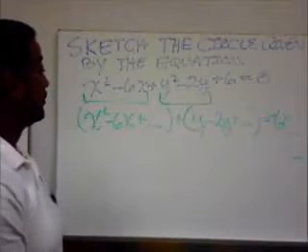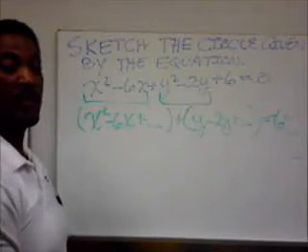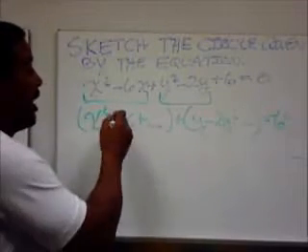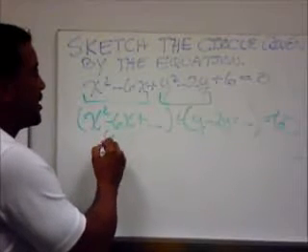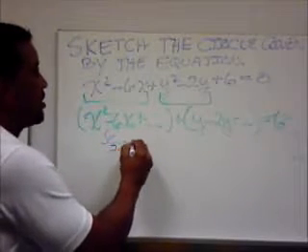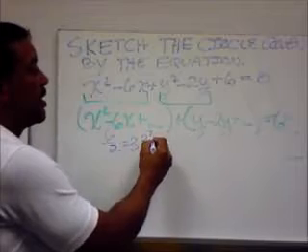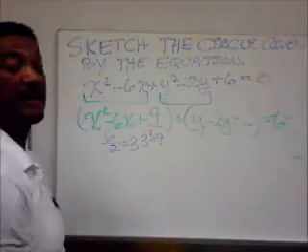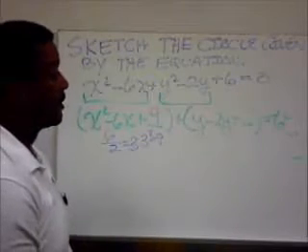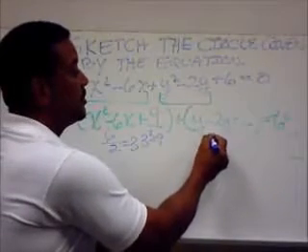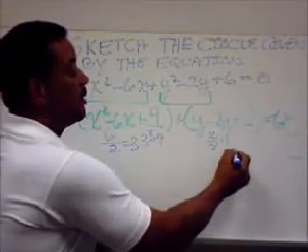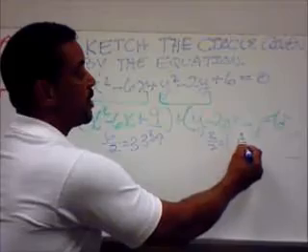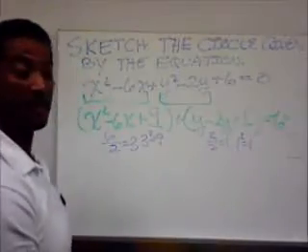What we do is we half it and we square it. Half of 6 is 3, and 3 squared is 9, so that's going to go there. Half of 2 is 1, and 1 squared is 1, and that's going to go there.